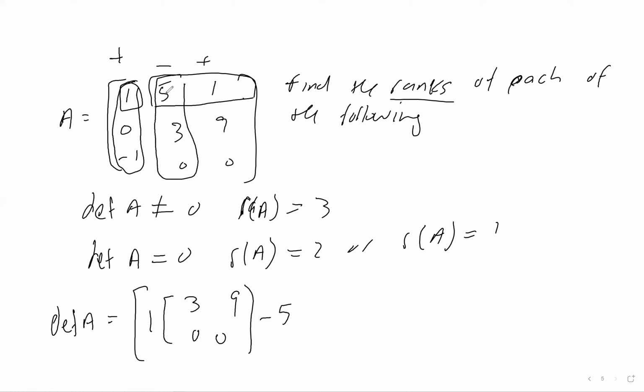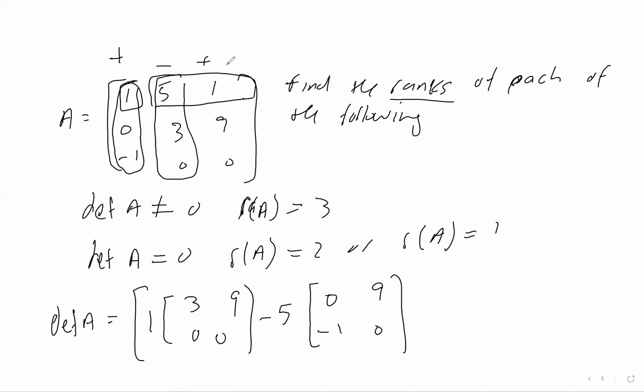So we do minus 5, ignore these, and take 0, 9, minus 1, and 0. We ignore this and this, and then we take the determinant.